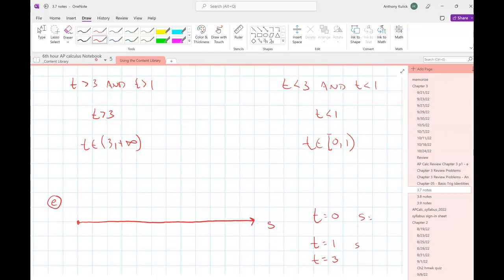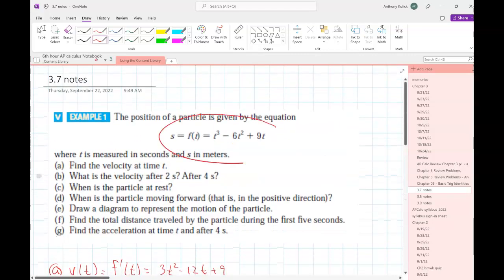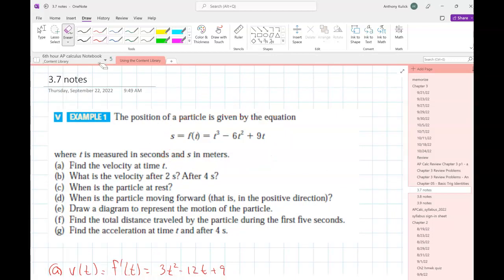For each of these, I'm going to calculate the position of the function. So I know when I'm drawing my position diagram here, where to put that point. Okay? So I'll go back. How do I calculate S? I use the formula from the beginning. When I plug 0 in, what do I get? 0. When I plug 1 in, what am I going to get?